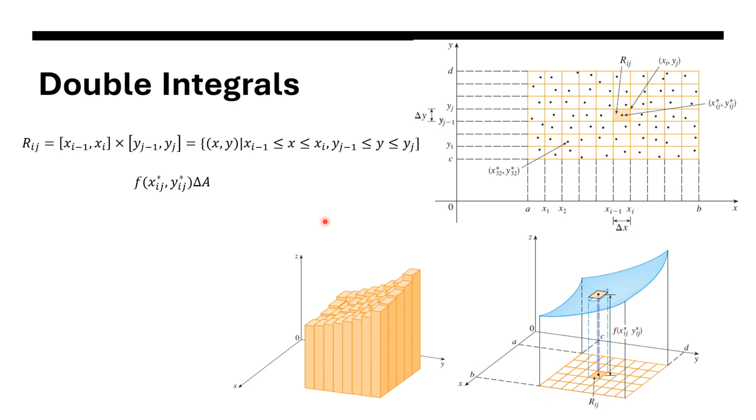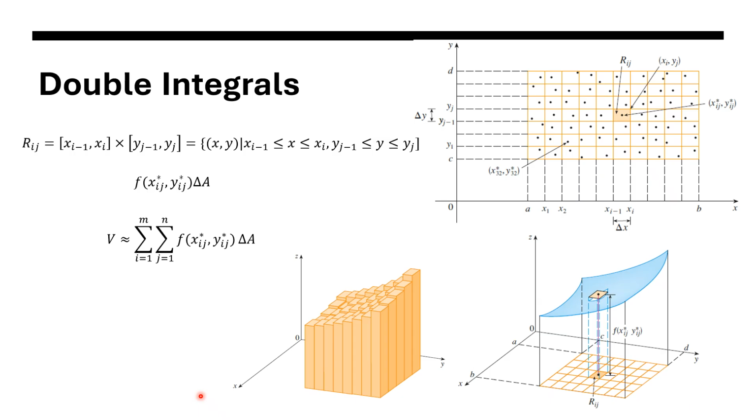Now, if we follow this procedure for all of the rectangles and add the volumes of the corresponding boxes, we get an approximation of the total volume of S. That would be this one: the volume is approximately equal to the double summation, i from 1 to m and j from 1 to n, of f of x sub ij star, y sub ij star times delta A.